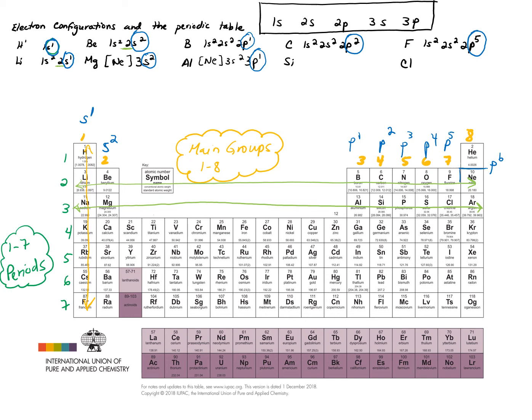Helium, you don't have any electrons in p orbitals because it's just 2 electrons, and the electron configuration for helium is 1s2. There are no electrons in p orbitals for helium because we don't have enough electrons to get all the way to the p orbitals. But starting with neon, the last thing that you have in that electron configuration will be p6.